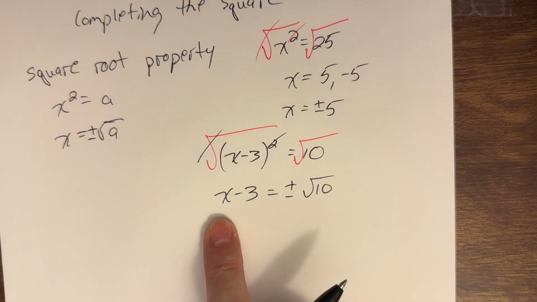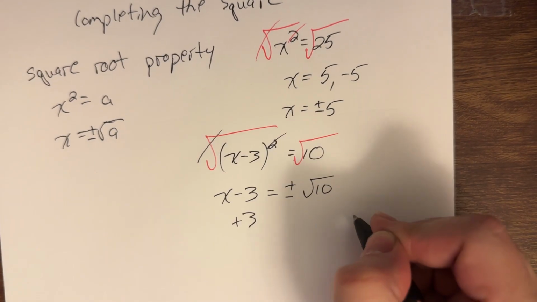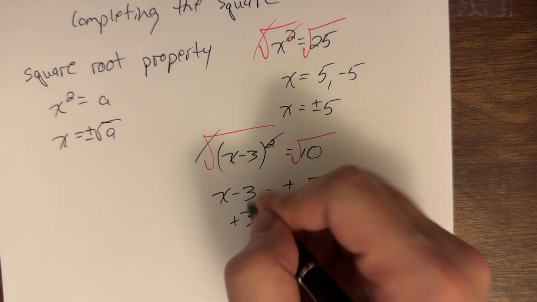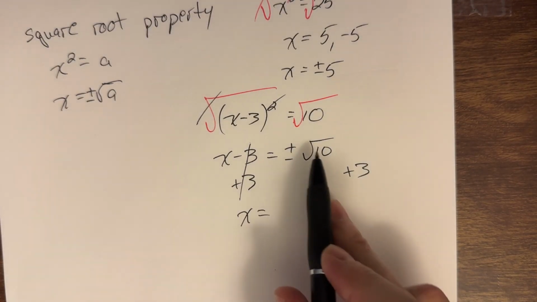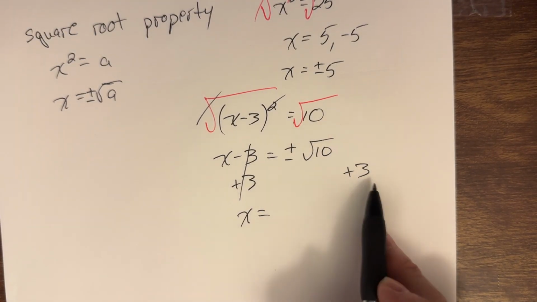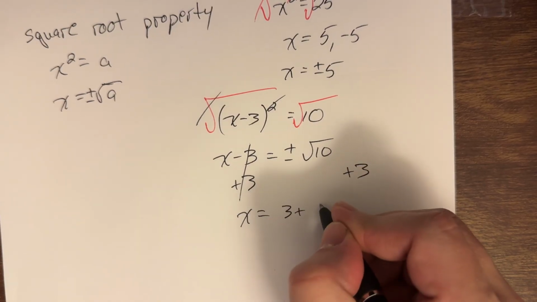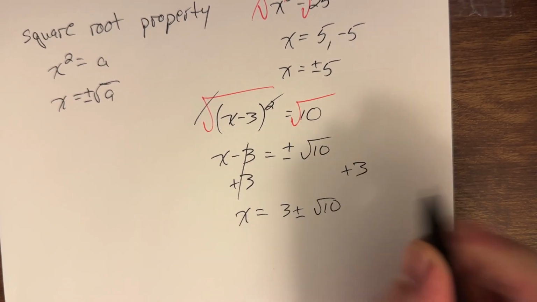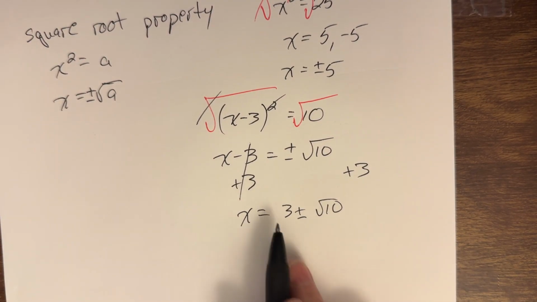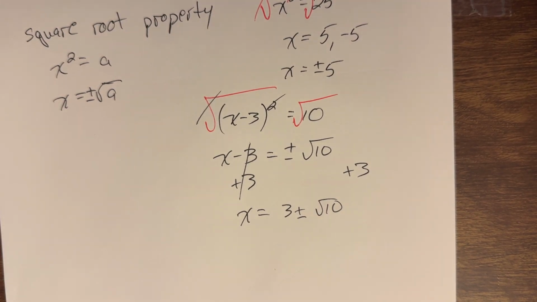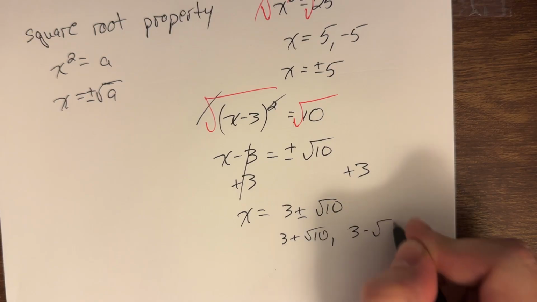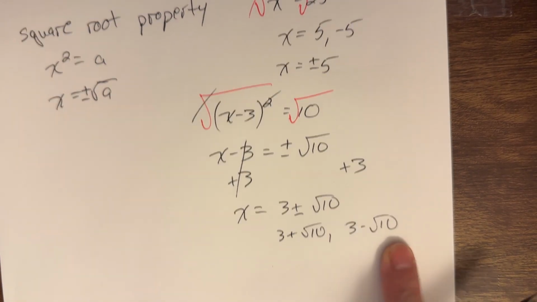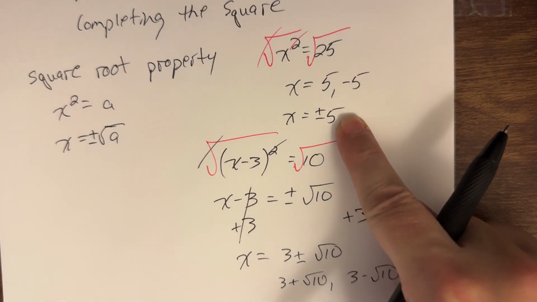Finish solving for x here. I'll do a plus 3 on both sides. Here it cancels. There's my x. I could write plus or minus rad 10 plus 3, but most people would put the 3 in the front and have 3 plus or minus rad 10. Two answers. That's 3 plus rad 10 and 3 minus rad 10, just like this was two answers up here.